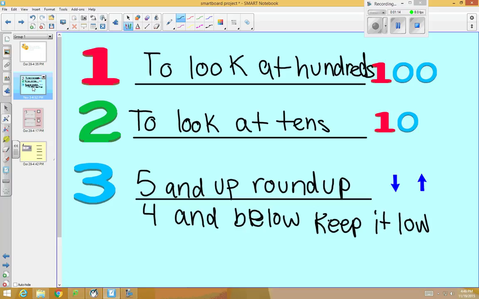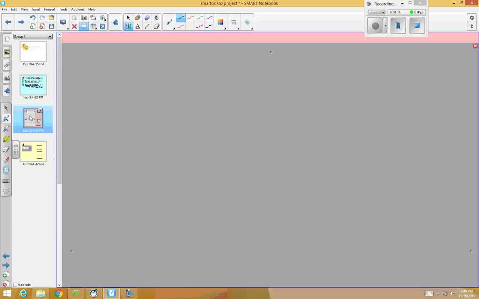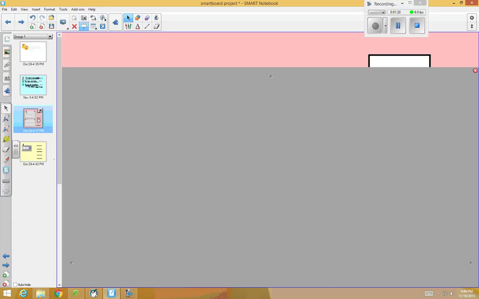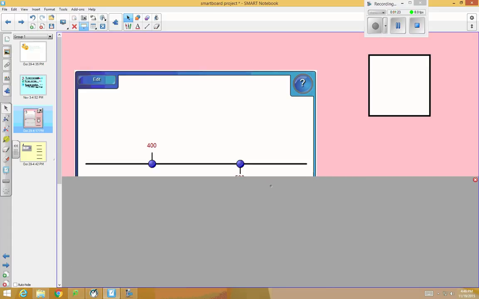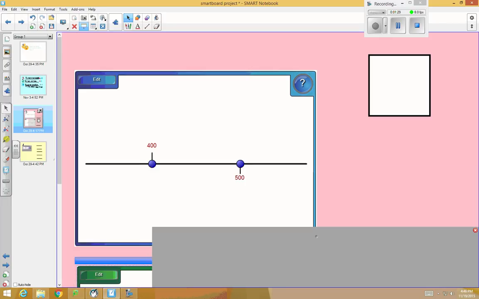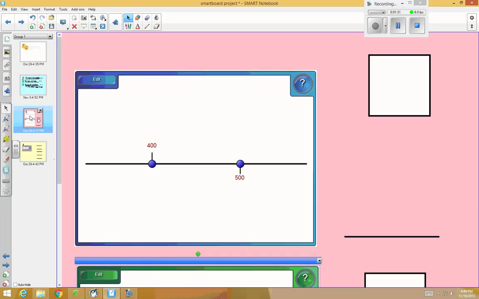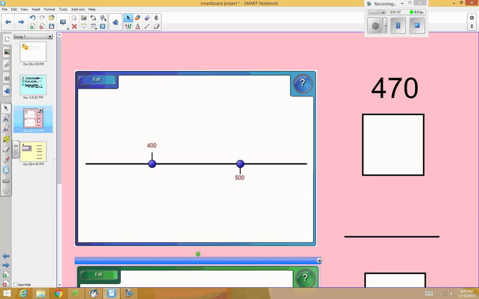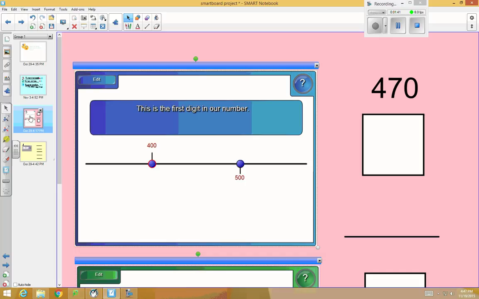Alright, so now let's try to practice that a little bit. So let's look at the very first number that we have. 470. So 400 is the number that's in the hundreds place. It's the first digit of the number.